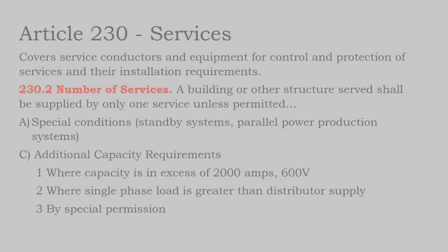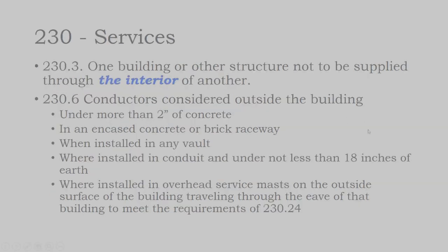Number of services. A building or structure shall be supplied by only one service except for these special conditions. I think I'm kind of repeating slides here. Conductors for one building or other structure not supplied through the interior of another.